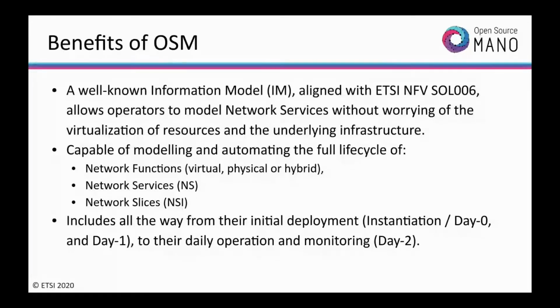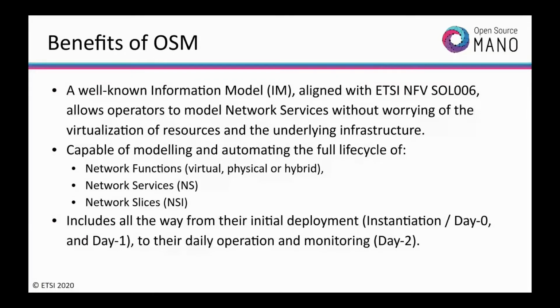Network functions can be physical, which means that this is a purpose-built appliance and it already exists. The software is already up and running, and you're just going to be managing its configuration, not its life cycle. Or hybrid, which is a combination of virtual and physical.